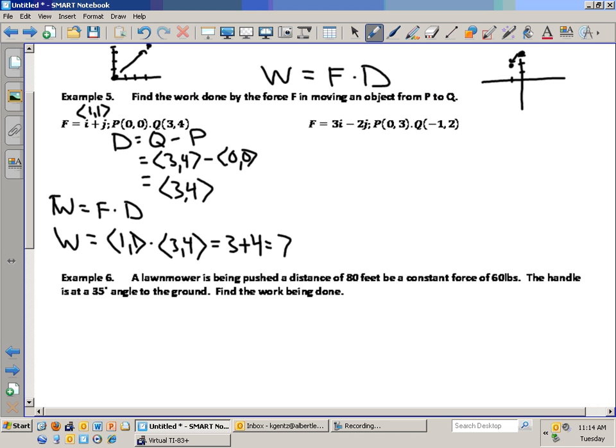The force is written as the component vector 3, negative 2. To figure out the distance, I take Q minus P, my end point minus my beginning point, or negative 1, 2 minus 0, 3. When we do that, we get negative 1, negative 1.